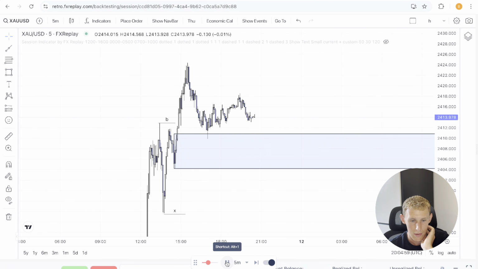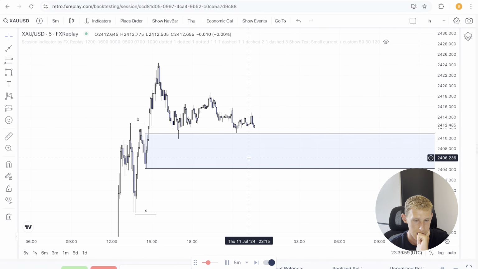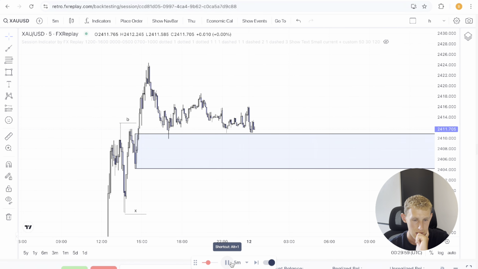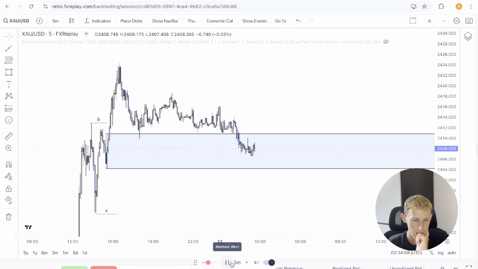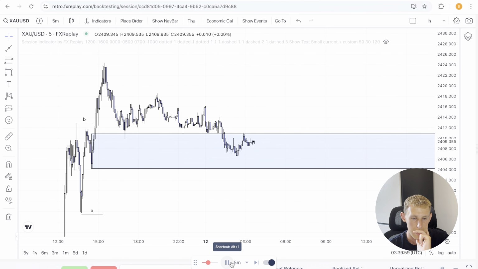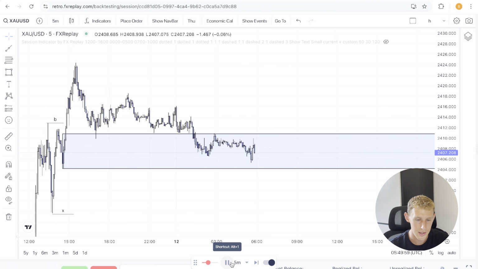Quite slow and choppy right now, so I'm not going to take an entry from there. And as always, a sweep of this level would also be valid. So a sweep of the demand zone.